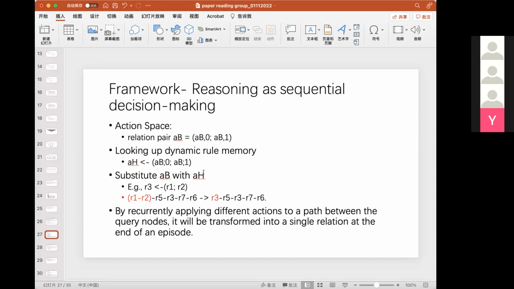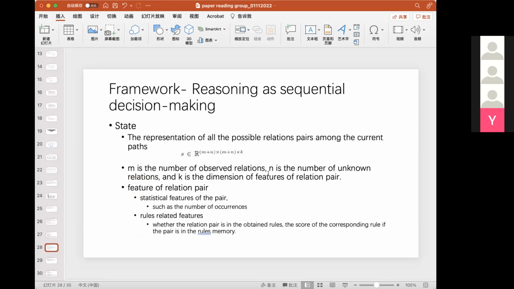So in order to handle this scenario, this paper introduces some additional unknown relations. Therefore the total number of relations in this knowledge graph becomes m plus n, and the combinations of relation pairs become m plus n multiplied by m plus n.